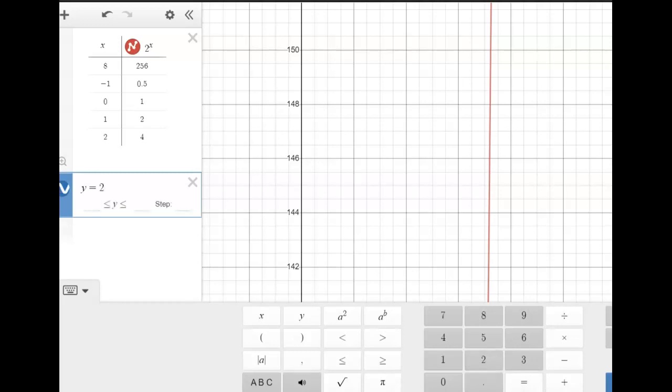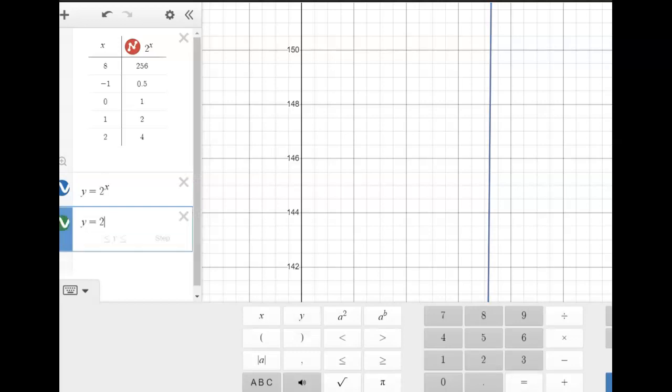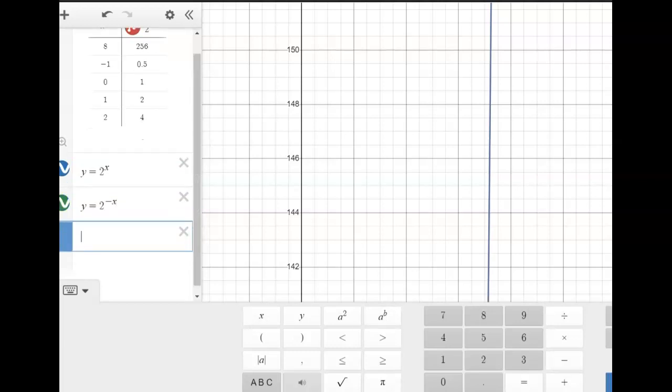And what I also want to graph is 2 to the power negative x.